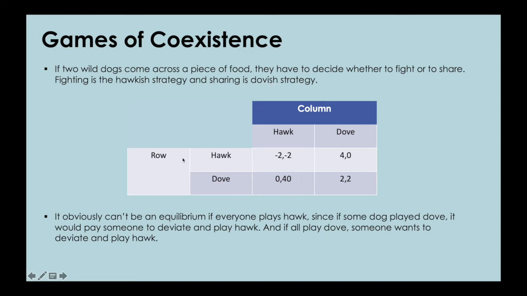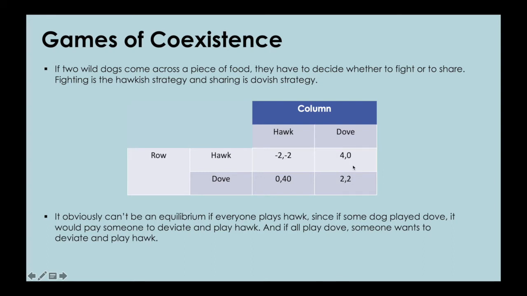So as we can see in the table here, if both wild dogs play dove, they will end up with 2, 2.